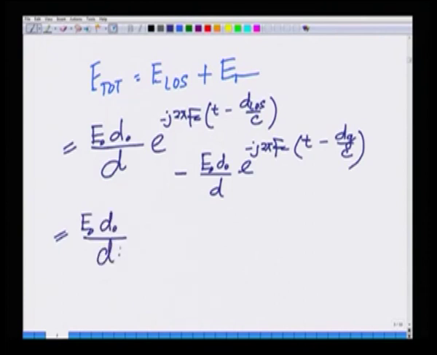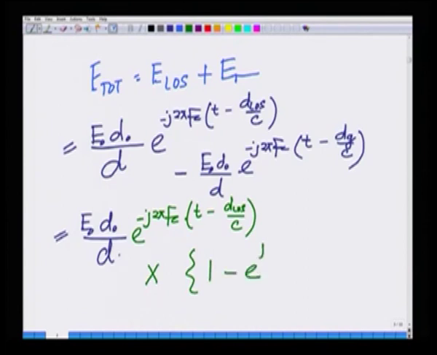E naught D naught by D into e power minus j 2 pi f c t minus d LOS by C times 1 minus e power j 2 pi f c delta d over C. All right.